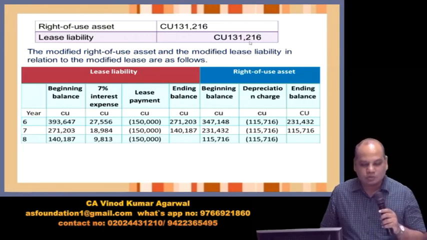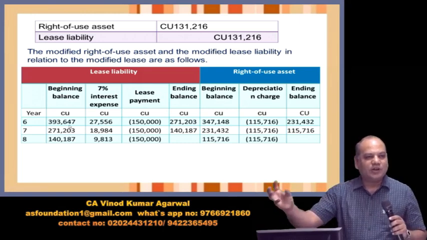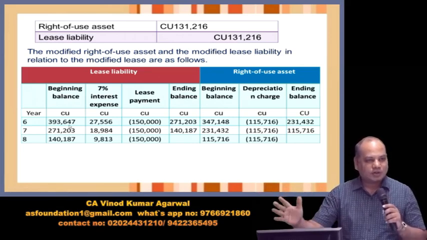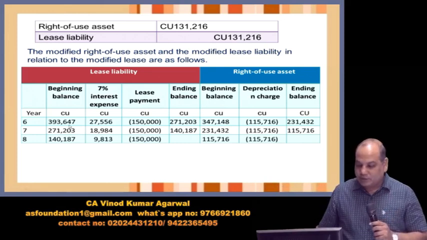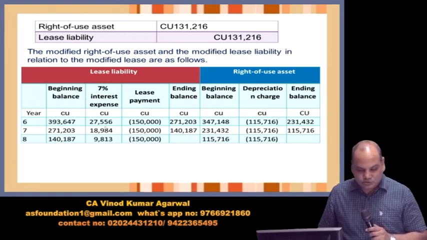Add 131,216. Is it equal to 393,647? Yes. Or directly it is just the present value of 1,50,000 for 3 years at 7%. And in case they ask in the exam to prepare the lease liability statement till the end of year 8, so now what you will do, just check the numbers fast.